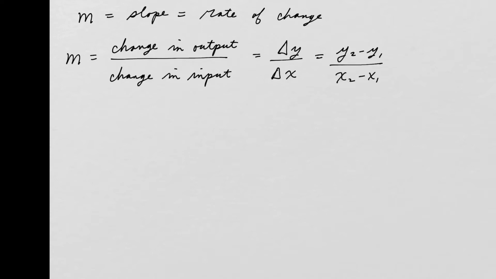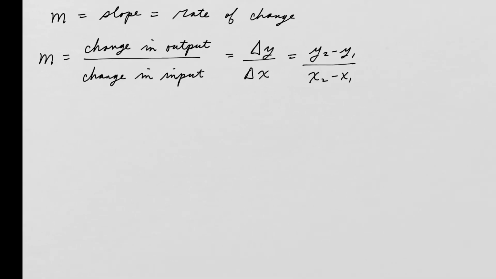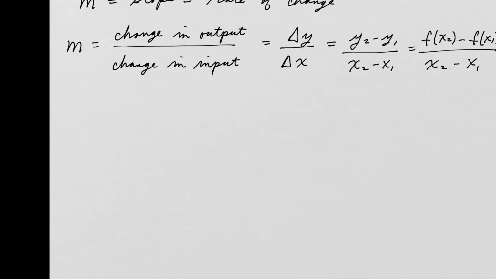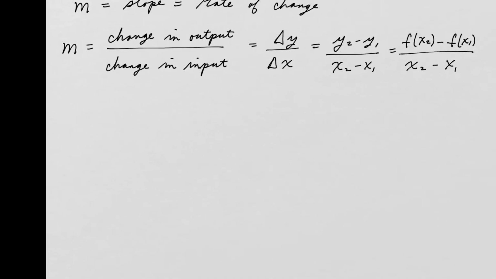Or if I want to use function notation, I could write this as f of x2 minus f of x1 divided by x2 minus x1. Okay, and again, in terms of a graph, you can also think of it as rise over run. Right? These all mean the same thing.